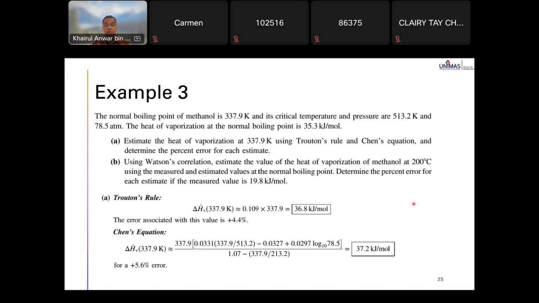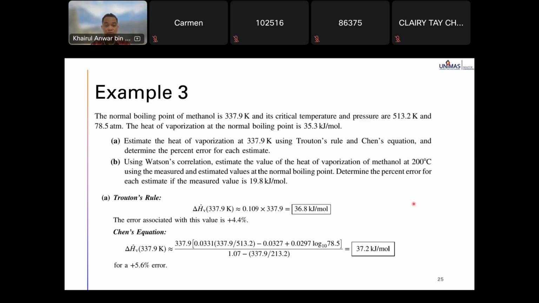Estimate the heat of vaporization at 337.9 Kelvin using Trouton's rule and the Chen equation and determine the percent error for each estimate. Next, using the Watson correlation, estimate the heat of vaporization of methanol at 200 degrees C using the measured and estimated value at the normal boiling point. Determine the percent error for each estimate if the measured value is 19.8 kilojoule per mole.